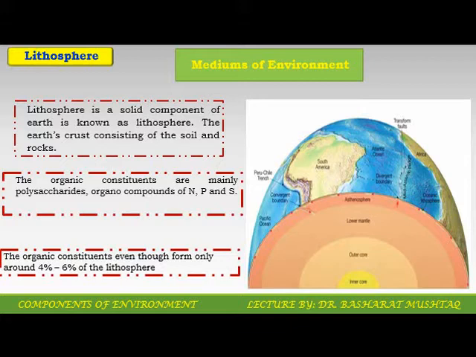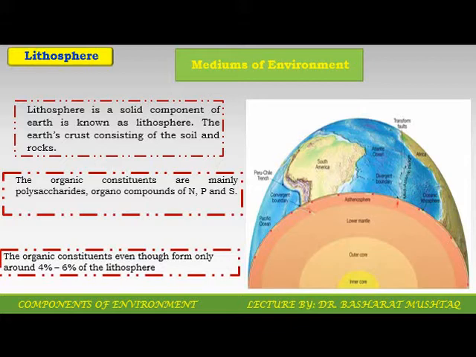Let me first explain what is lithosphere. Lithosphere is the solid component of Earth, the Earth's crust consisting of soil and rocks. The soil is made up of organic and inorganic matter and water.